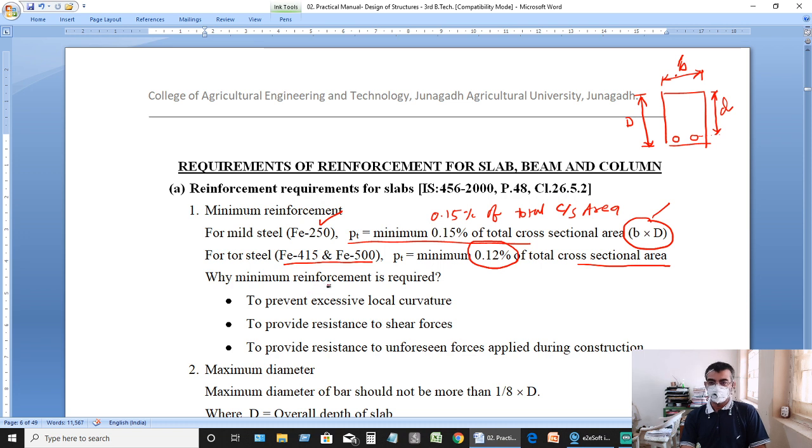Now why is minimum reinforcement required? It is used to prevent excessive local curvature, to provide resistance to shear, and to provide resistance to unforeseen forces applied during construction.